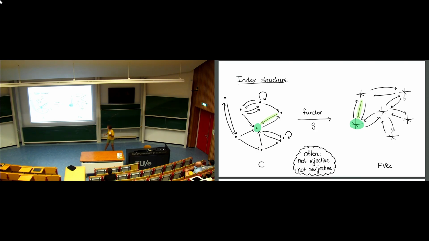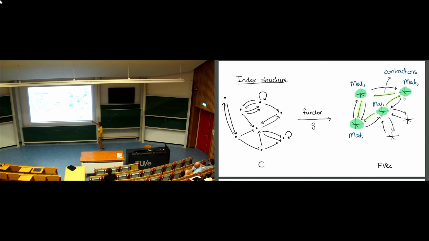Often this functor, by the way, is not injective and not surjective, so we really just pick some in a nice way. Before, the things we wanted to pick for abstract operator systems were the vector spaces of square matrices of certain sizes, and exactly those maps that were these contraction maps, which is a subset of all linear maps. But now we can do much more.